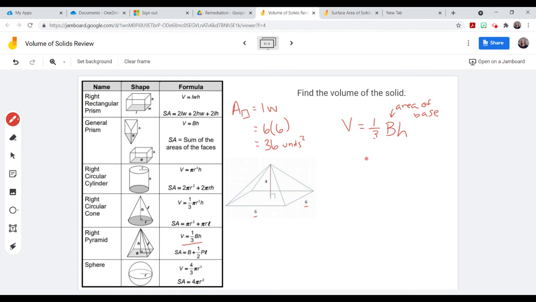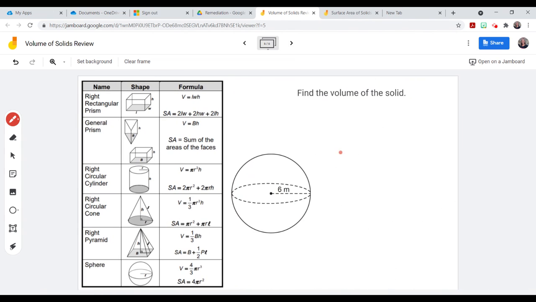So now I could put that number right into my formula. I have 1/3 times 36 times the height. Remember, my height is perpendicular to the base, so that would be 4. Multiply those together, and I have 48 cubic units. All right, last one. Volume of a sphere.